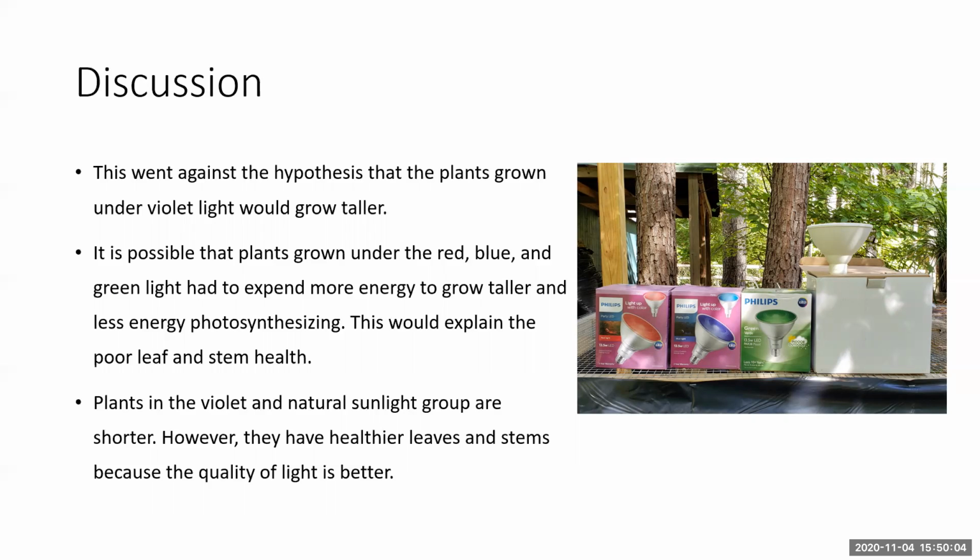Plants in the violet and natural sunlight groups are shorter. However, they have healthier leaves and stems because the quality of light is better. And might I add that the patterns in growth were more consistent for the violet and natural sunlight groups as well.